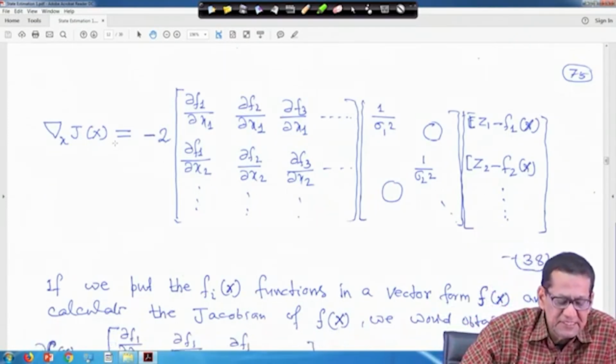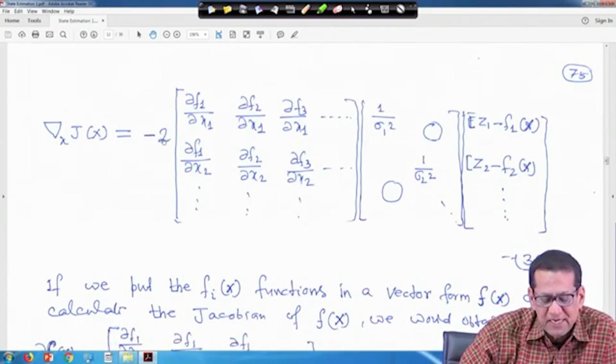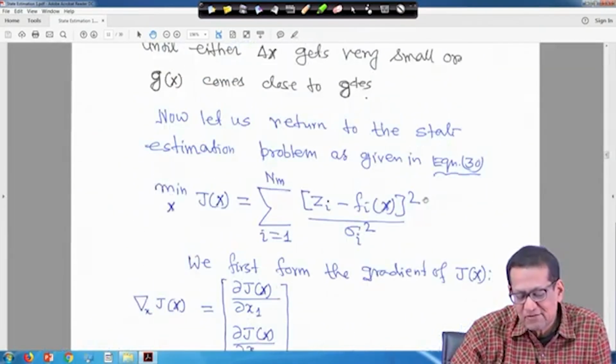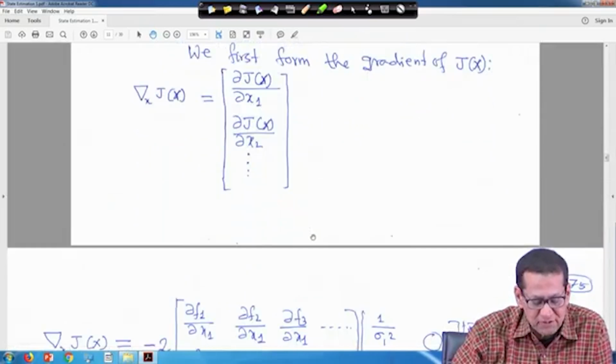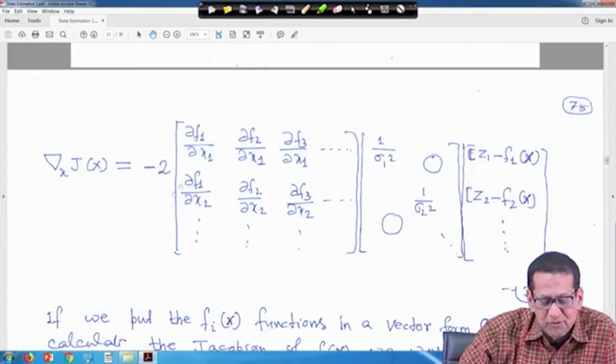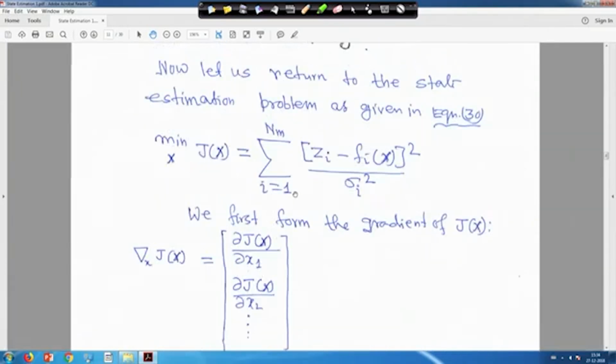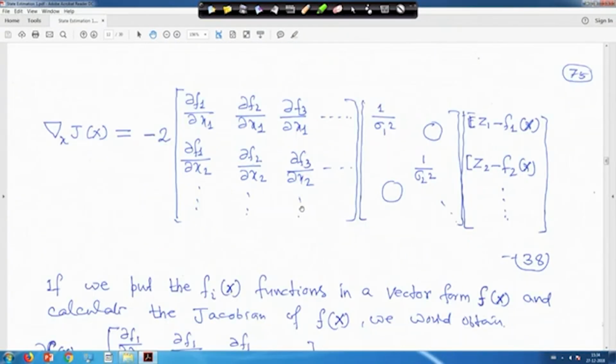If you do so, then the gradient of J of x can be written with a minus 2 coming out, because the square is here. It will be minus 2 into delta f 1 upon delta x 1, delta f 2 upon delta x 1, delta f 3 upon delta x 1 and so on, going up to nm, the number of measurements.